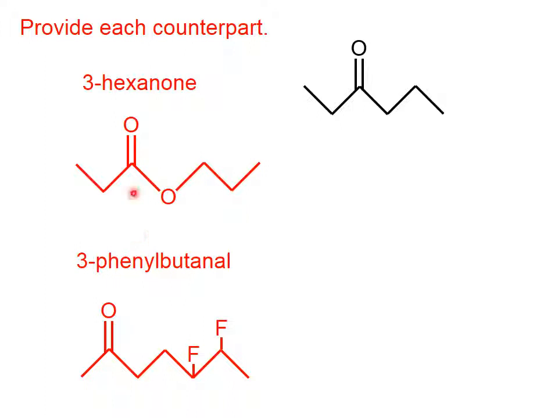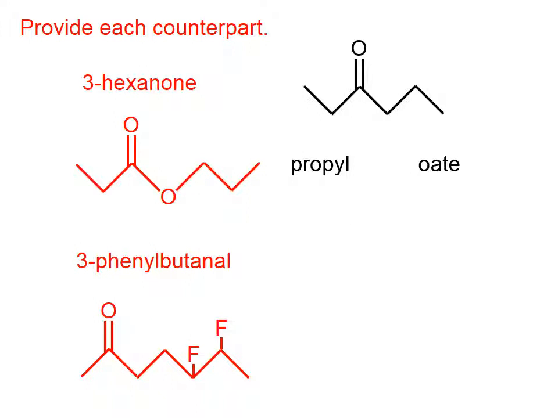This next molecule, hopefully you recognize this structure here as being that of an ester, and esters end in -oate. Then whatever is attached to the oxygen, in other words, not the carbonyl part, but the other part that's attached to the oxygen, that's named first, and you can see here that that's a propyl group.